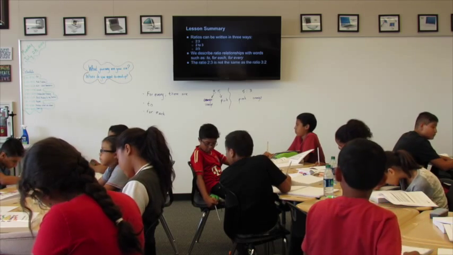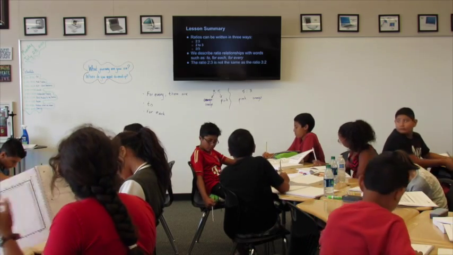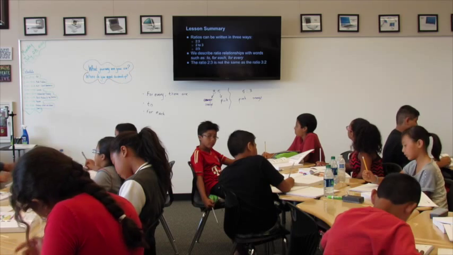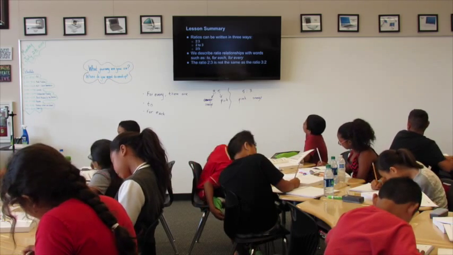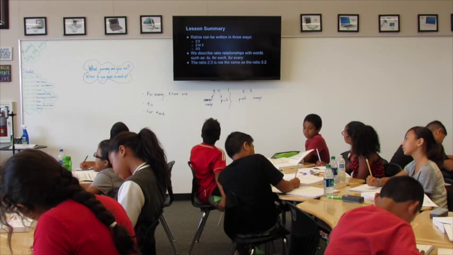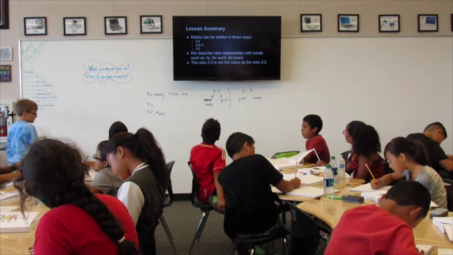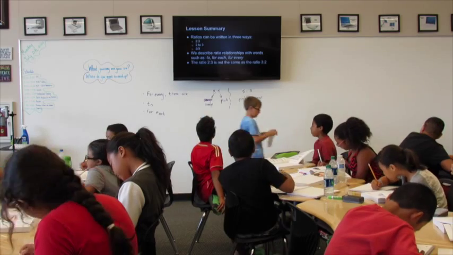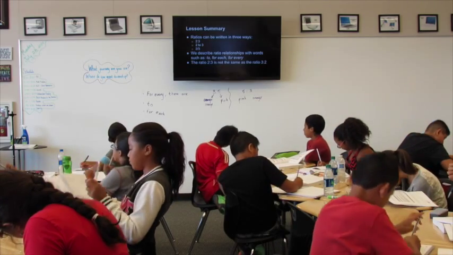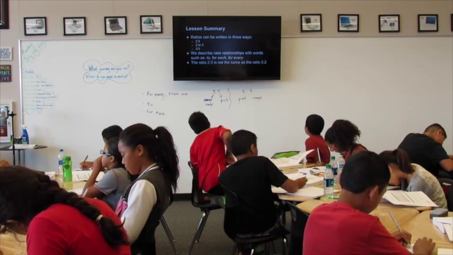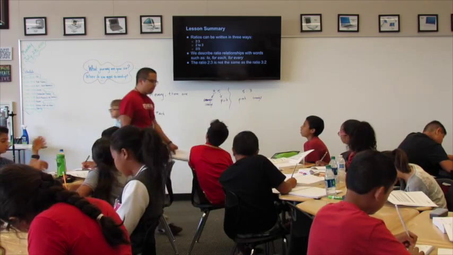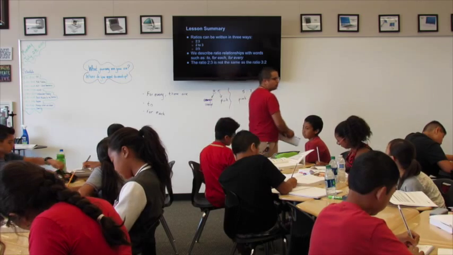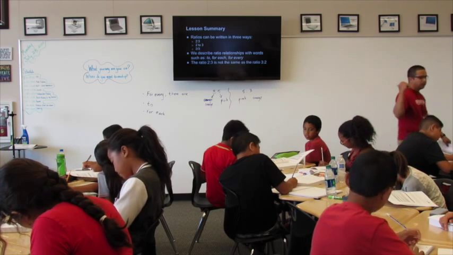All right, go ahead, and I'm going to have Aaliyah read the first part. Ratios can be written in groups. 2 to 3. 2 over 3. Right. And Nicholas, go ahead and read the next point.